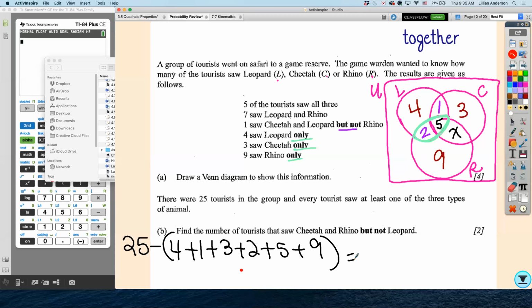Not these numbers, because 4 is just leopard. 1 is leopard, cheetah, not rhino. 3 is just cheetah. 5 is all 3. 2 is leopard and rhino, not cheetah. 9 is rhino only. So by adding each individual section, I'm not including any overlapping of sections. 1. So that X is a 1.